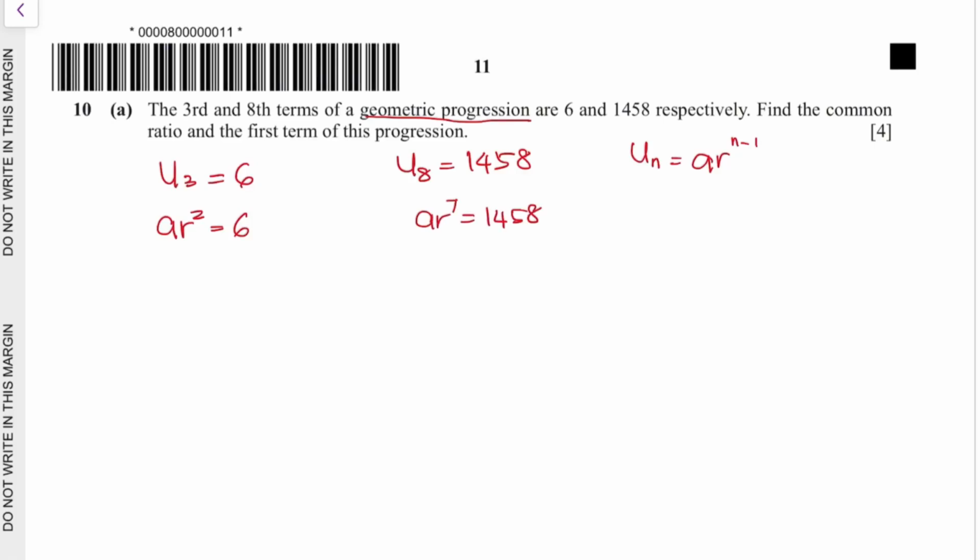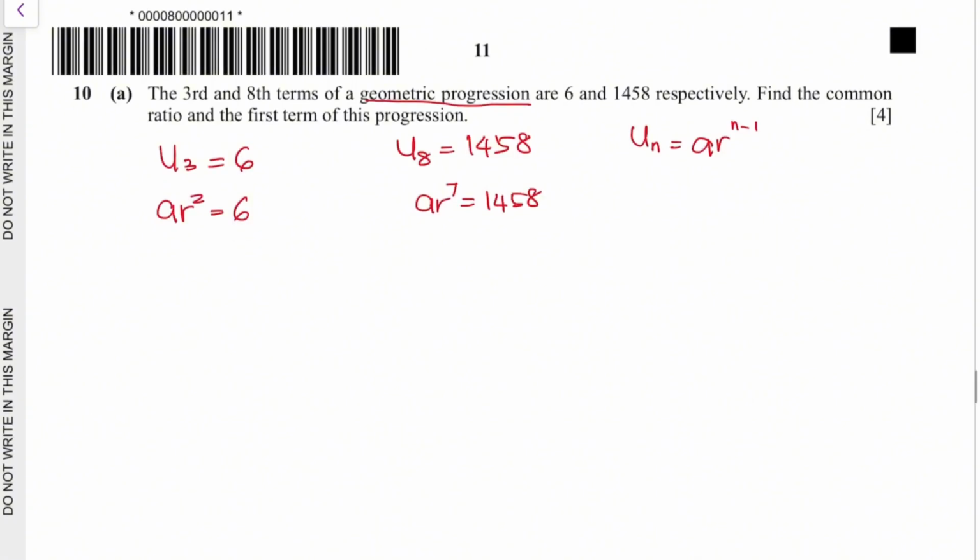You should think of a way on how you can get rid of one of these. My way would be, I'd like to divide them. So ar^7 over ar squared. In that sense, my a would be eliminated. It is equal to 1458 over 6, which is 243. My a would be gone. My r would be to the power of 5.